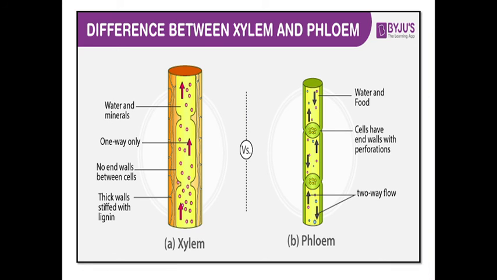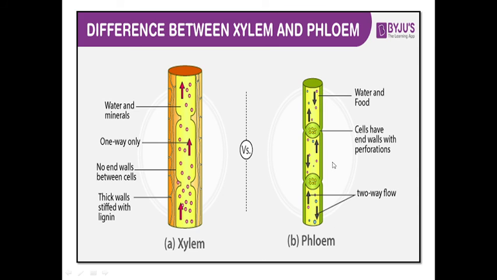So like that we have completed our session, in which we learned about the complex permanent tissues, xylem and phloem. It is my kind request to everyone to write down the notes: the similarities, their functions, their differences and the table. From one table also you can remember. See the difference: in xylem, only upward transportation, only one way.